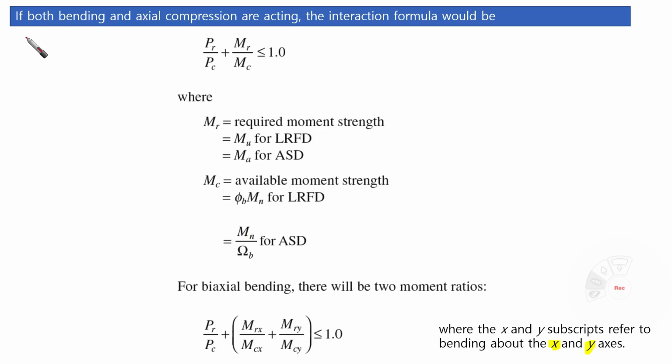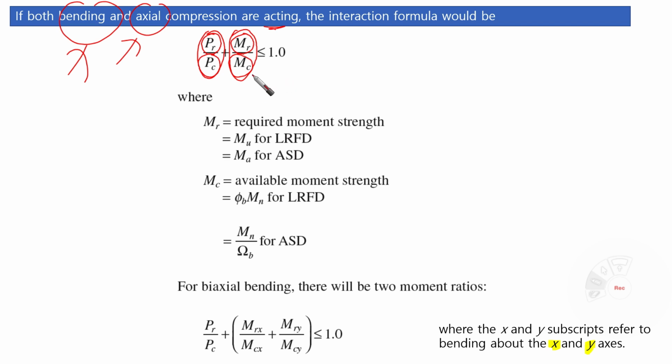If both bending and axial compression are acting, the interaction formula would be as we were expecting: the term for the axial force plus the term for the bending straining actions. That is PR over PC, the required axial strength over the available axial strength, plus the required moment strength over the available moment strength.